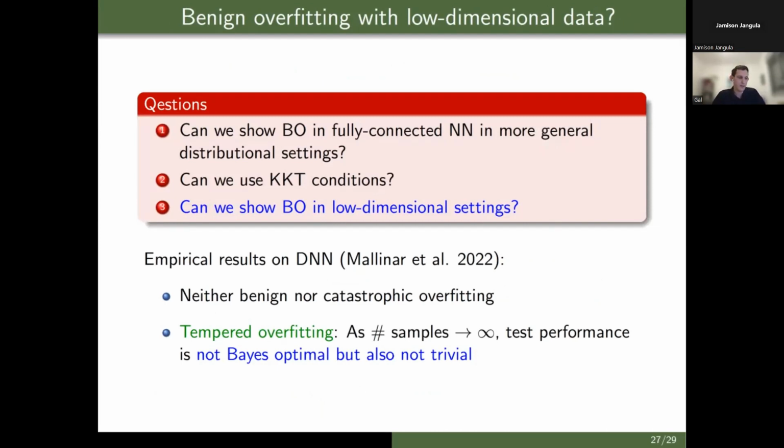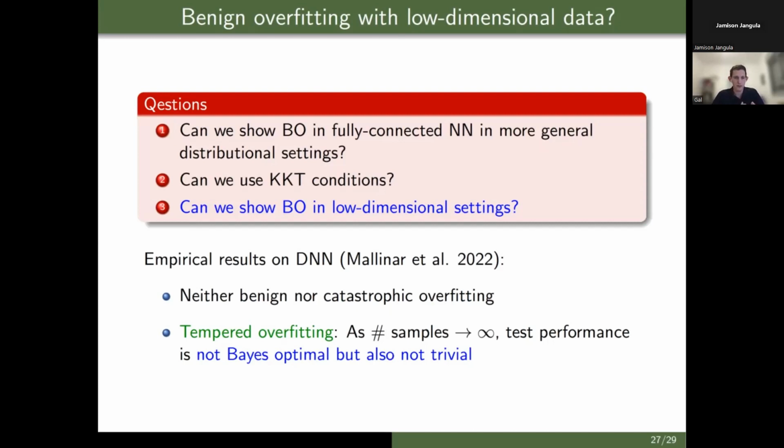And in this respect, it is relevant to mention an empirical evidence by Mallinar et al. They trained some overparameterized networks for some standard tasks with noisy data. And the data is not high dimensional in these tasks. And they showed that they do not get benign overfitting, but they also do not get catastrophic overfitting.